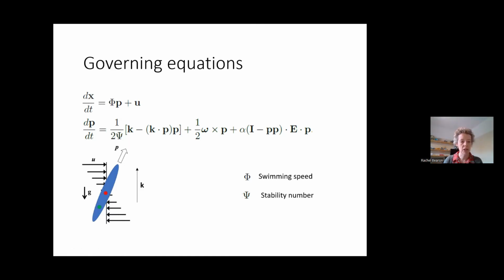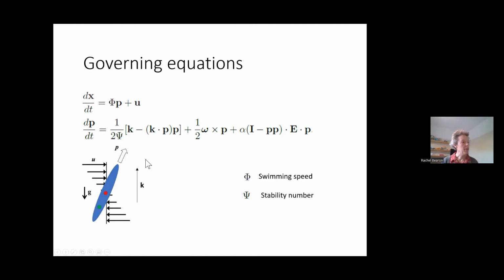This is a non-dimensional parameter which represents the balance between the viscous torque that comes from the shearing motion of the fluid and the gravitational torque due to the tendency for cells to align with the vertical. So increasing values of psi represent increased strength of the shear and vice versa.